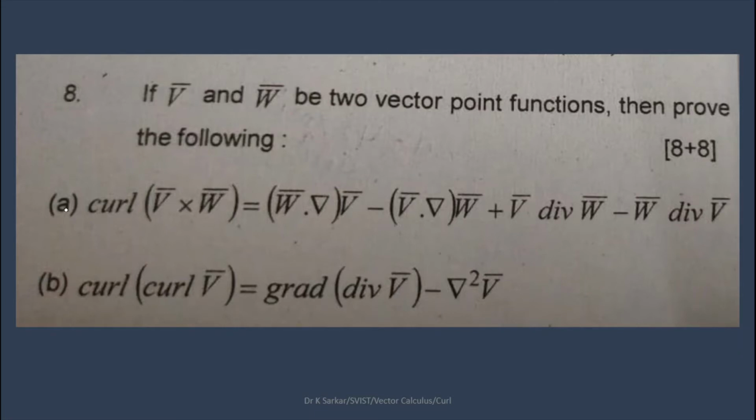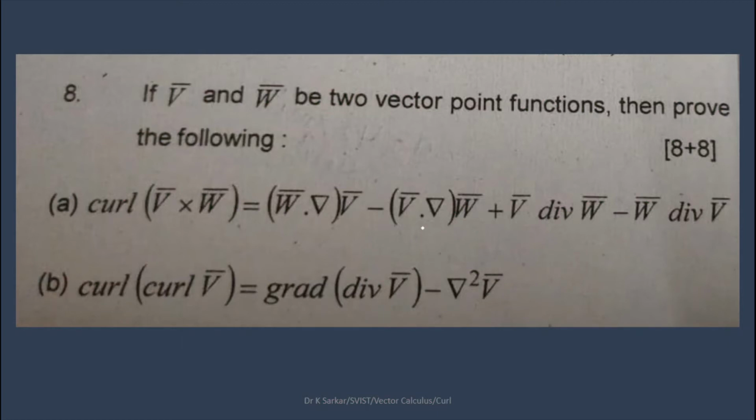Question A: curl of v cross w equals w dot grad v minus v dot grad w plus v div w minus w div v. Question B: curl of curl v equals grad div v minus grad squared v.